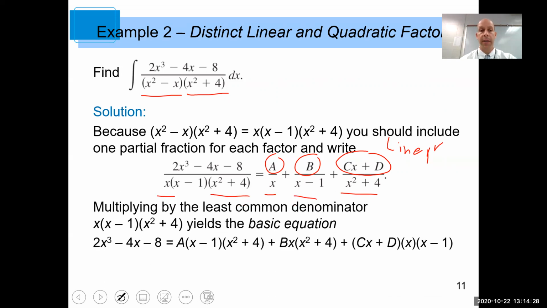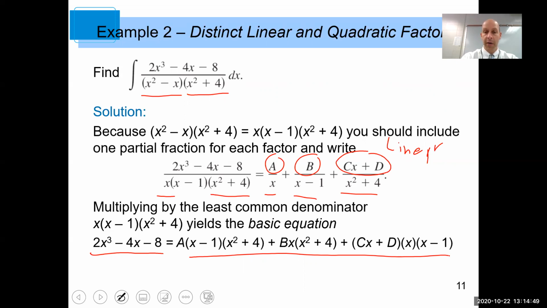Multiplying by the least common denominator on both sides gives us the following equation. On the left-hand side, everything will cancel in the denominator, and on the right-hand side, we'll be left with this. Now, here's an important observation. We've got to figure out what A, B, C, and D are.